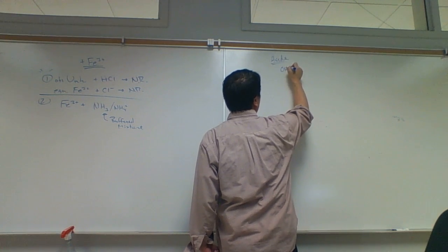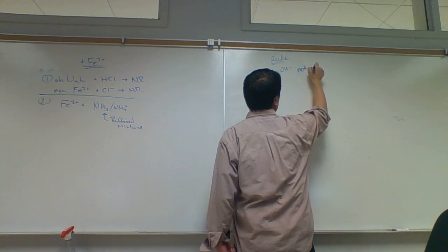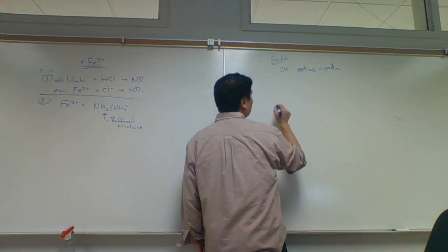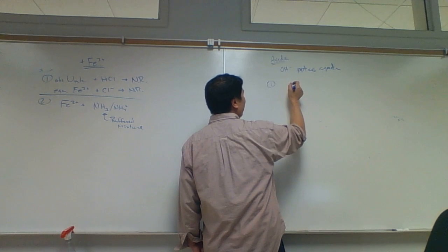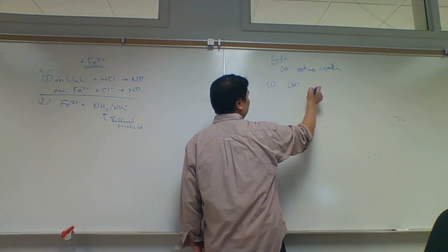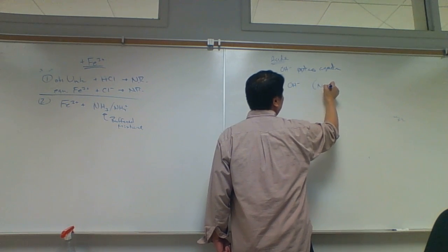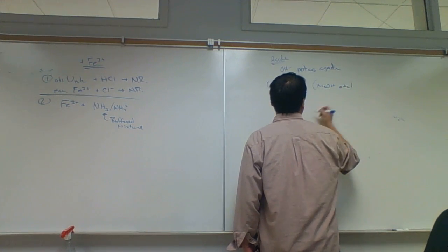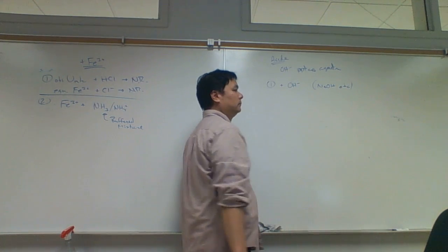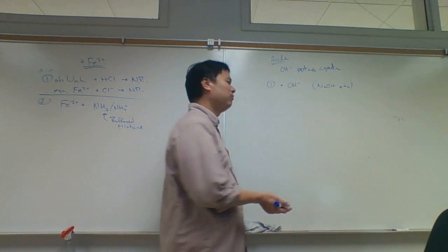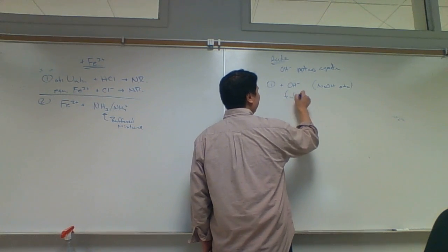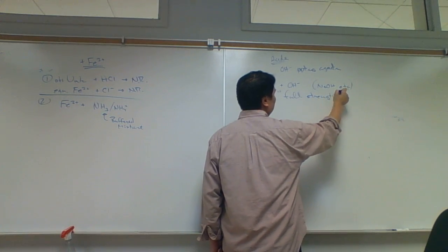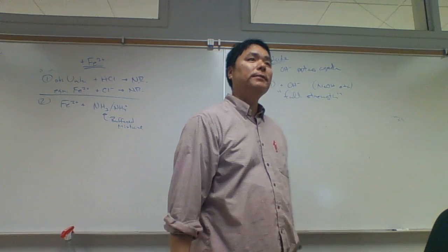We do hydroxide precipitating agents. One, straight hydroxide, like sodium hydroxide, etc. This is what we call full strength, or what I call full strength. I don't know if anybody else calls it full strength, but that's full strength, right?